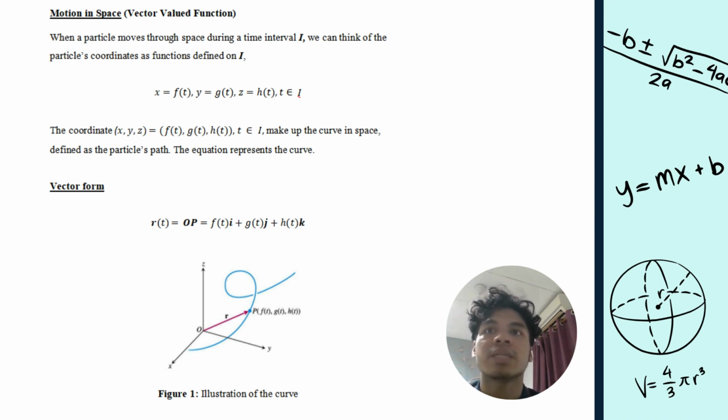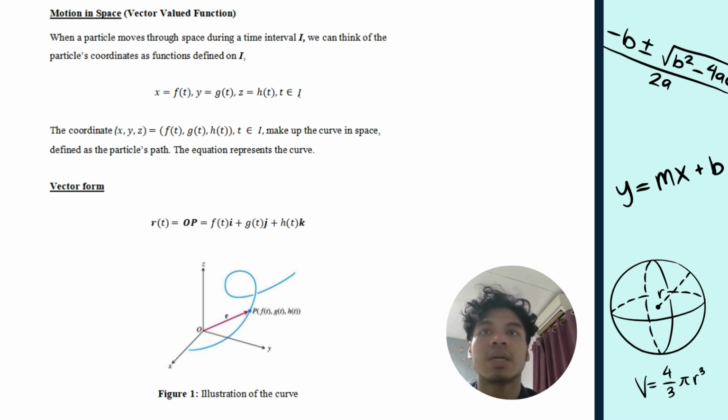So the coordinates x, y, and z are equal to f of t, g of t, h of t, which means the same equation as above. This equation defines the particle's path, or we can say it parameterizes the curve.